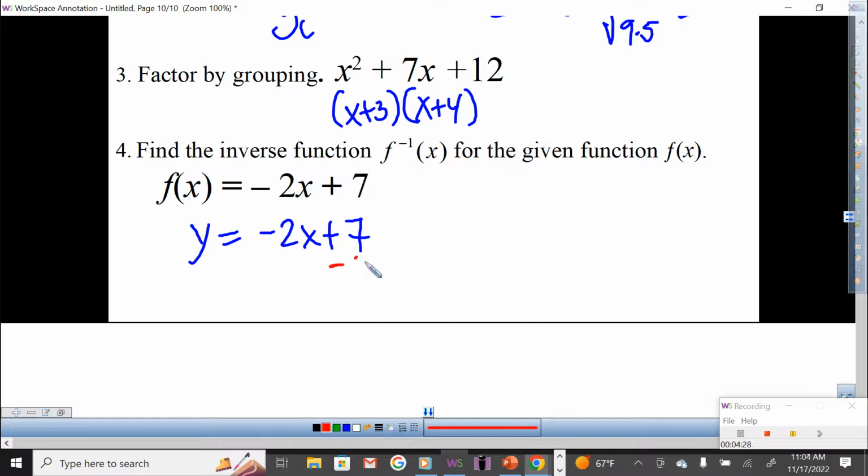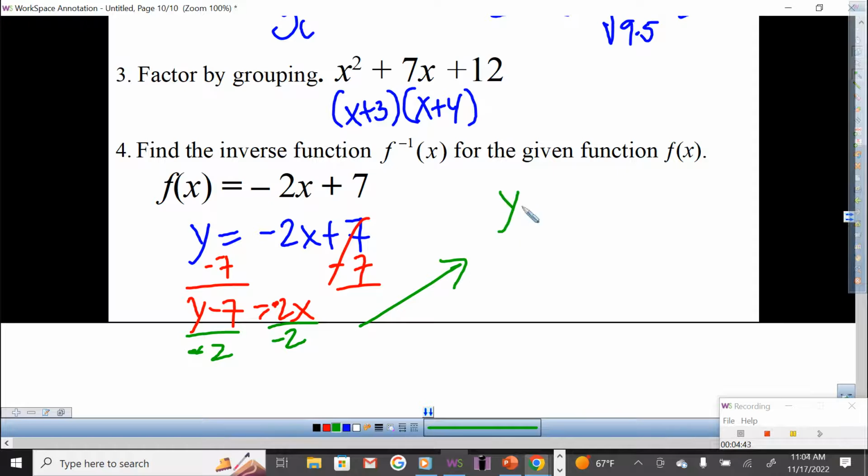Subtract 7. Negative 2x, yes. Negative 2, both sides. Y minus 7 over negative 2 equals x.